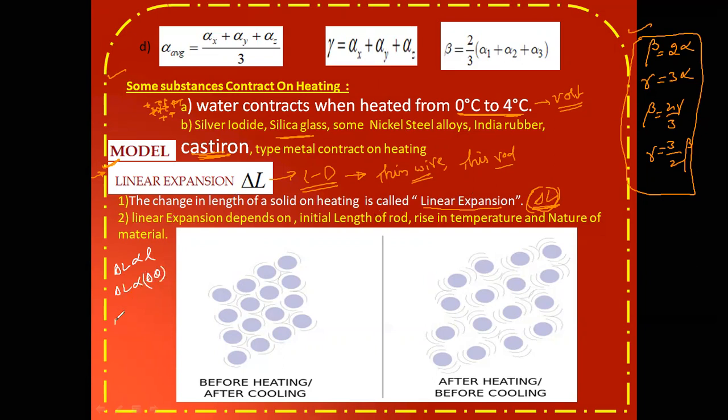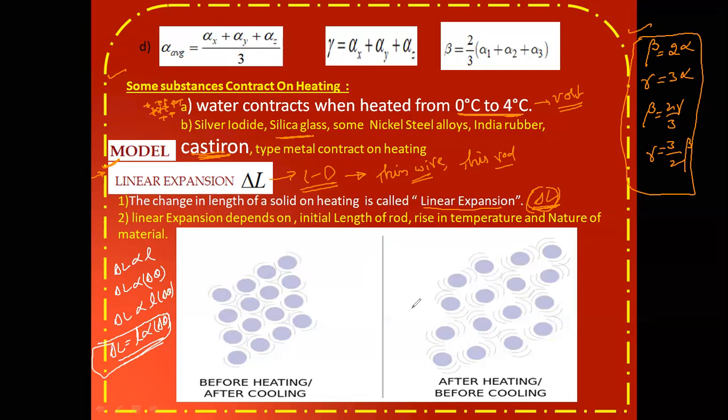If you combine both of them, delta L is directly proportional to L into delta theta. So delta L is equal to L into alpha into delta theta. This is a very important formula which we are going to use for the entire expansion of solids.